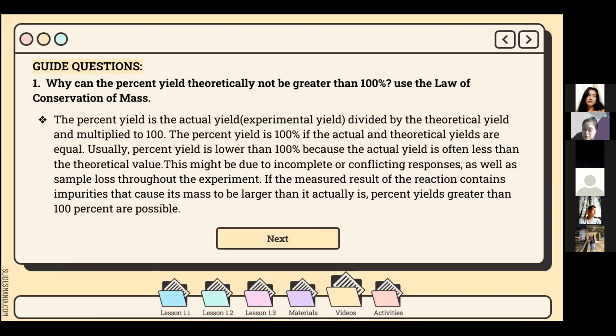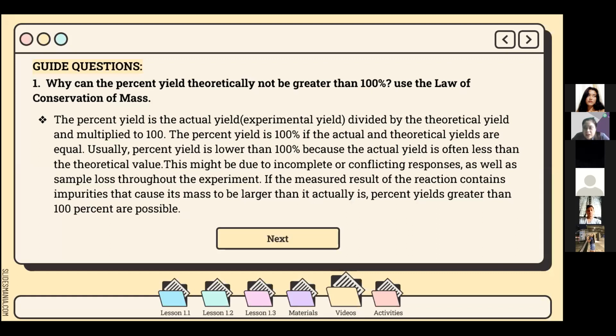So since that is according to the law of conservation of mass, tapos nagkaroon kayo ng more than 100%, there might be possible contaminations. Depende na kung saan yung contamination nangyari. Pwede yung contamination is nasa sodium bicarb or nasa hydrochloric acid, adding to the weight of the recovered NaCl, or dun mismo sa mga beakers na ginamit ninyo sa mga laboratory equipment, or due to the weighing.